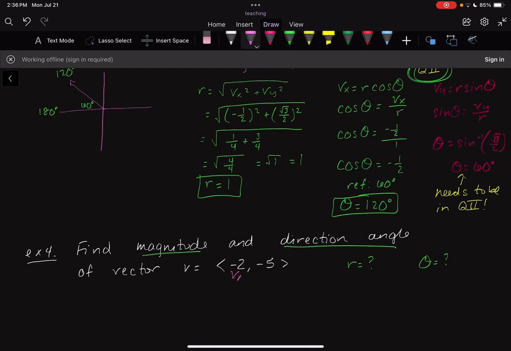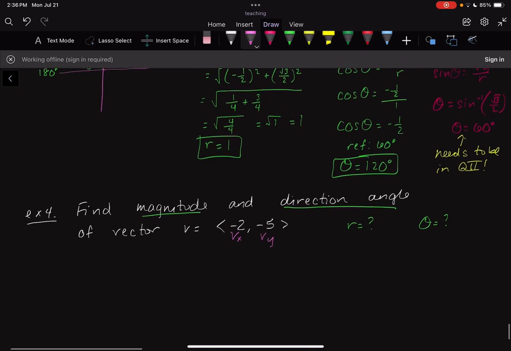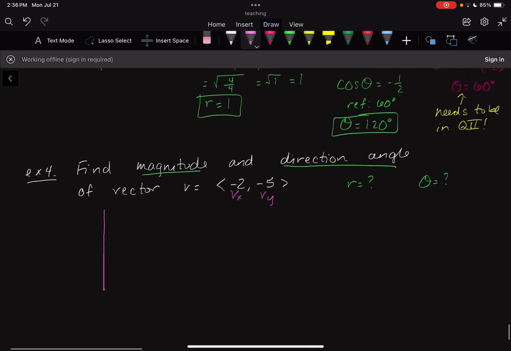We're being given Vx and Vy. So I'm going to go ahead and just do a quick little sketch. Really, I just care about what quadrant it's in. So this is going to be in quadrant 3 since I have a -x and -y. So that tells me that my theta needs to be in quadrant 3.